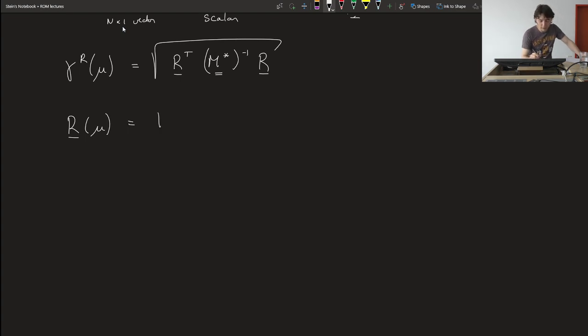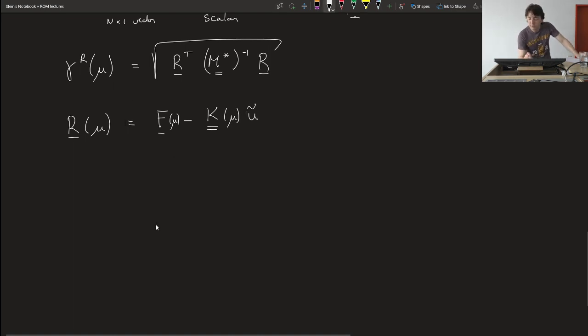The linear form had a vector associated to it, that was f. The bilinear form had our stiffness matrix associated to it, which at this point becomes mu dependent, and this one also. And we have multiplied this by our reduced basis solution.